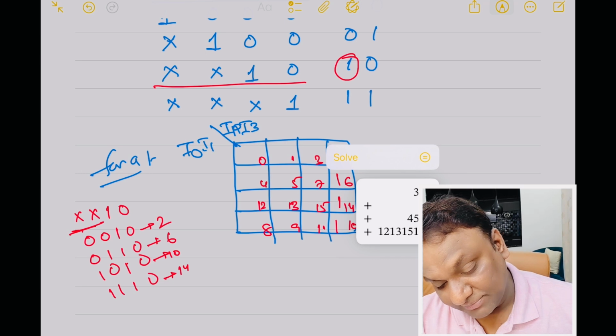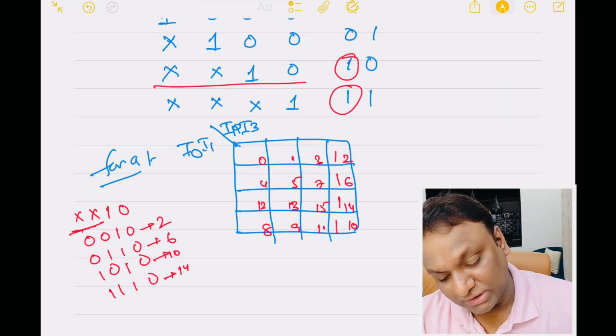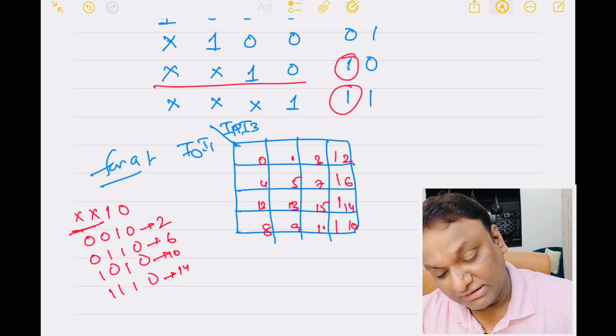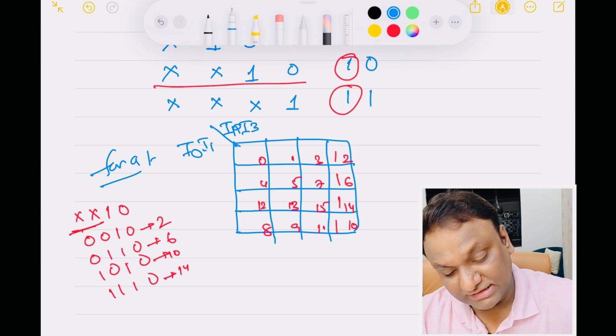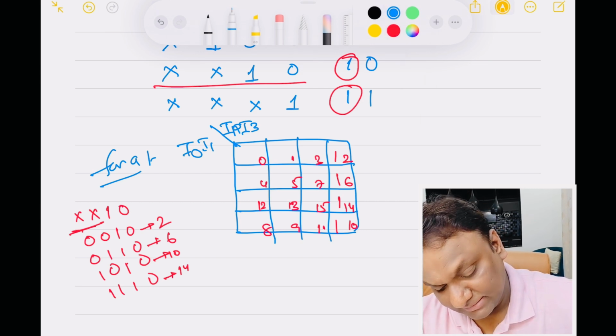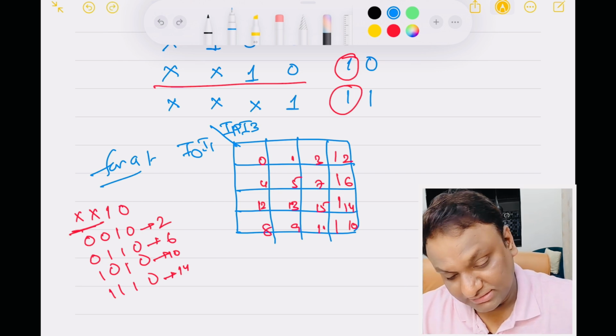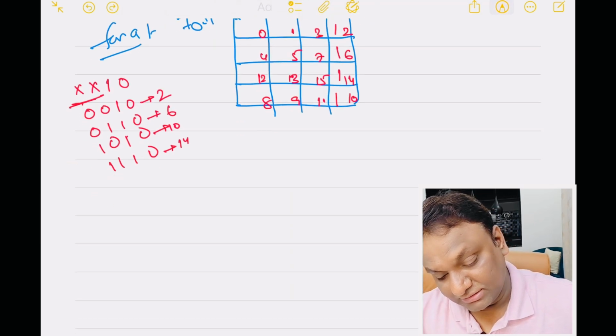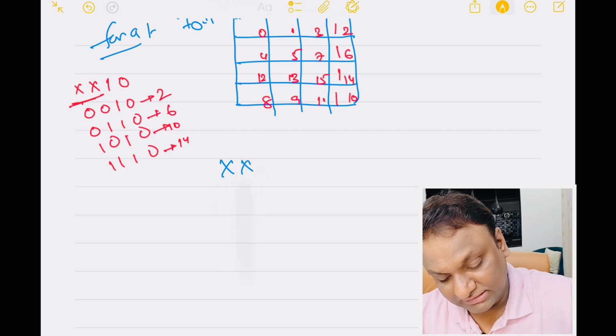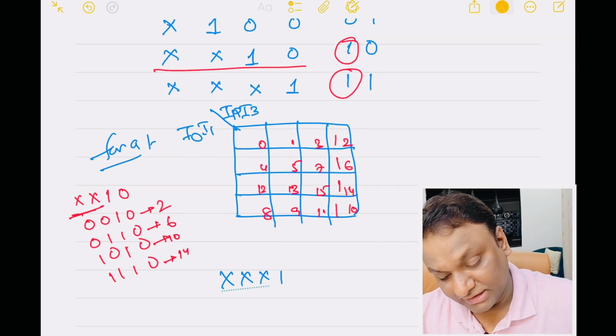Okay. Similarly, you can see here I also have this one. What is this? X, X, X, 1. Correct?